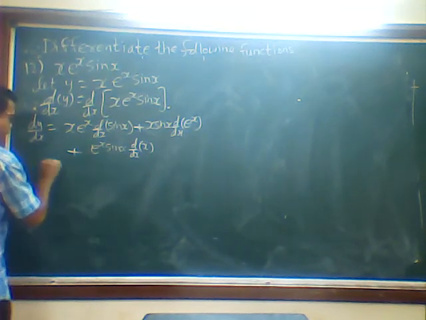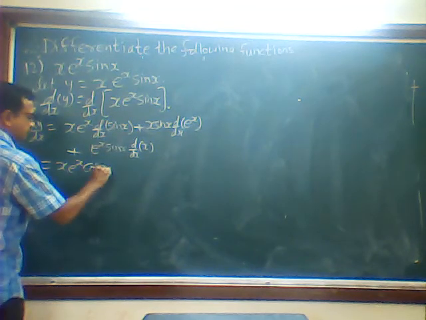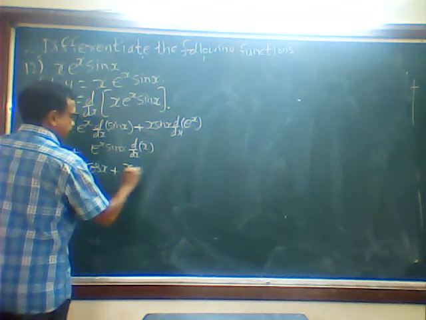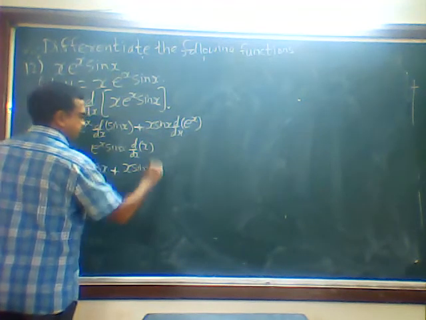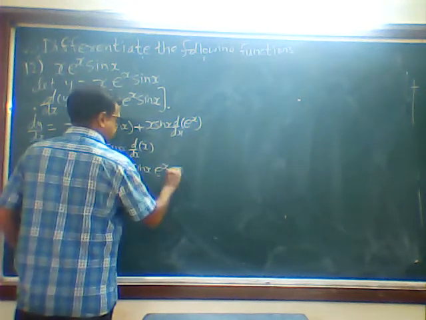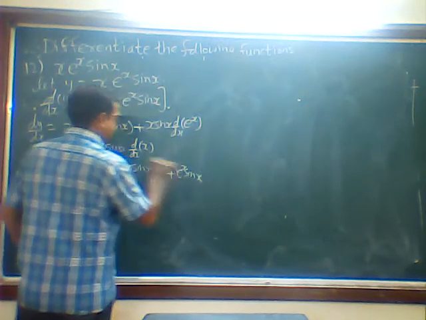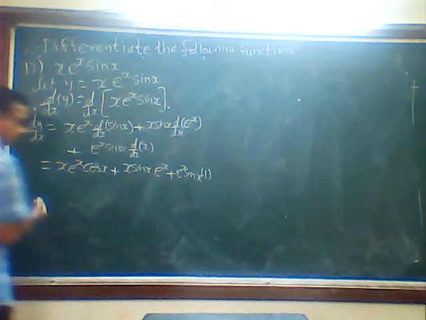Now next step is what? x e raised to x as it is, d by dx of sin x is cos x, plus x sin x as it is, d by dx of e raised to x is e raised to x. Next, plus e raised to x sin x as it is, d by dx of x is what? 1. So it is over.